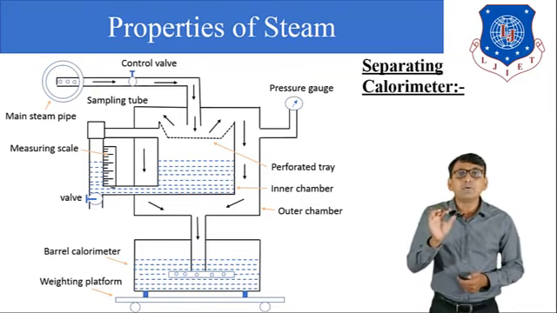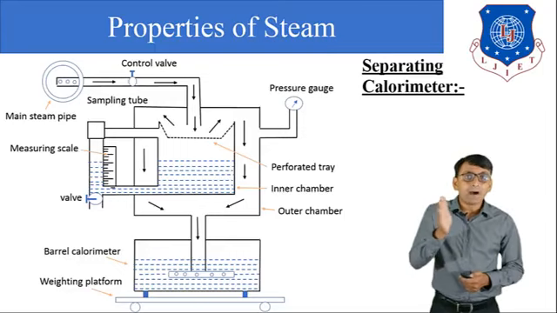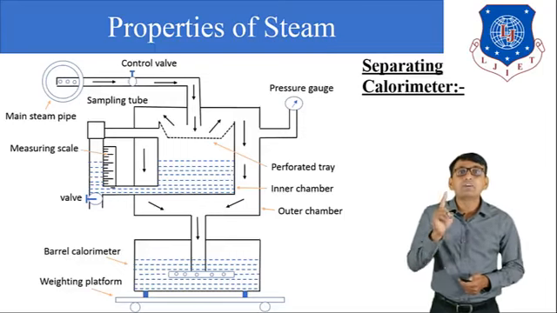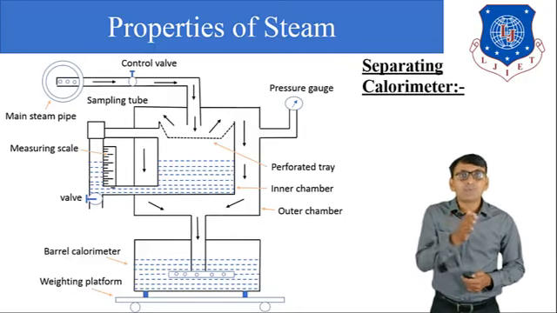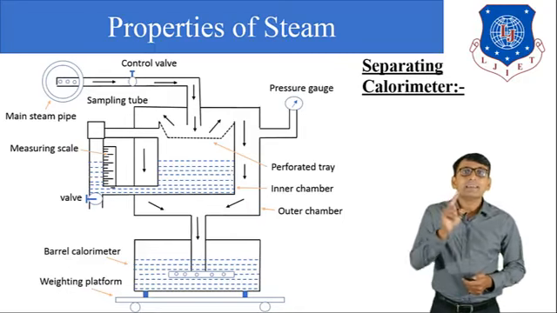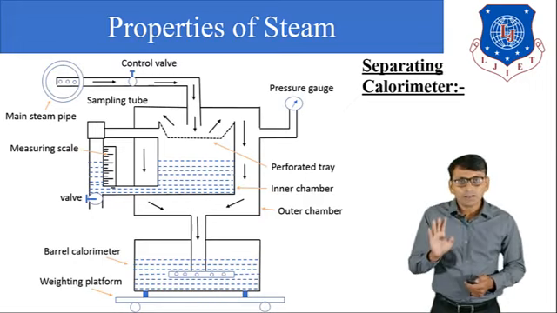Some amount of wet steam passes into the sampling tube. The control valve controls the flow of wet steam in the sampling tube.